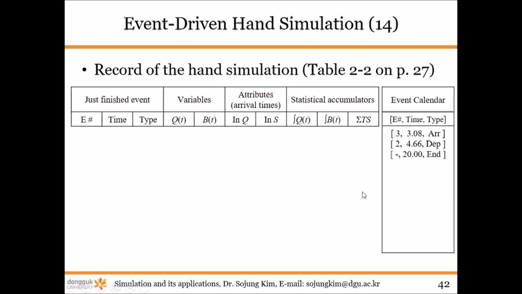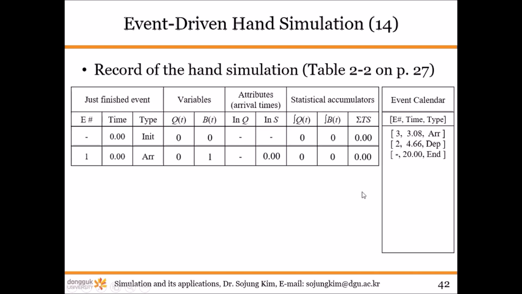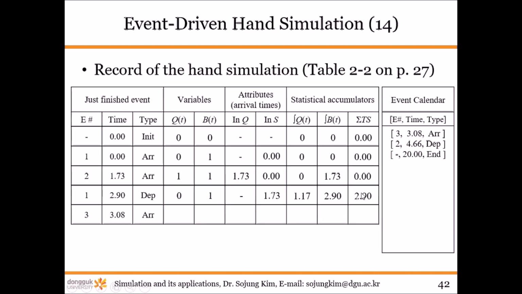All right. So next we have another event, for entity 3, and it happens at 3.08. As you can see, it's an arrival event, and as you know, there is one entity in the queue, so the Qt value becomes 1 again, right?